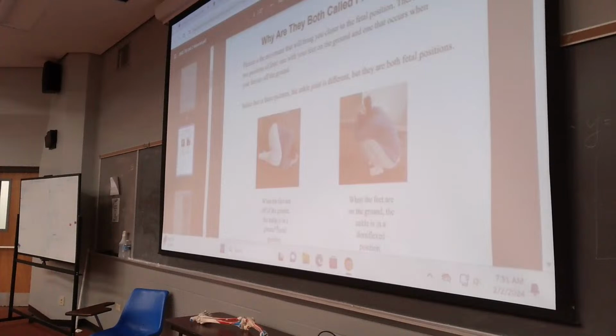So therefore, I could be dorsiflexed in reference to anatomical, or I could be plantar flexed in reference to anatomical. So I could have dorsiflexion to that version of fetal, or plantar flexion to that version of fetal.